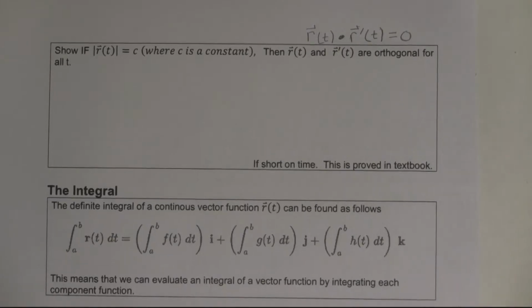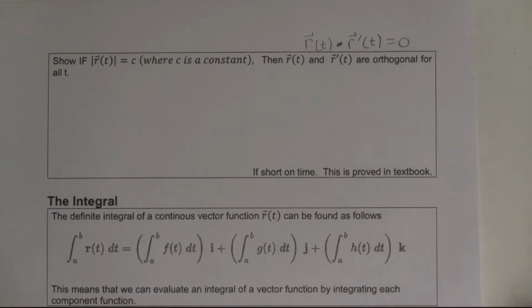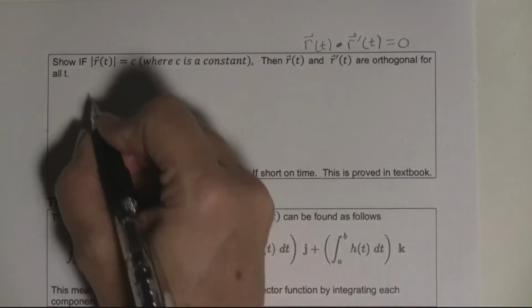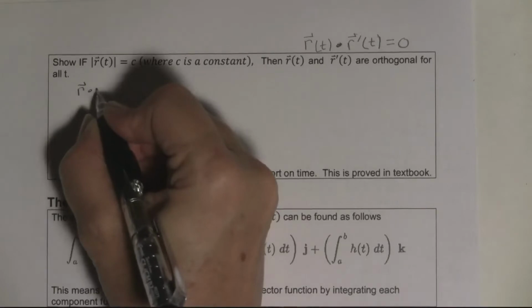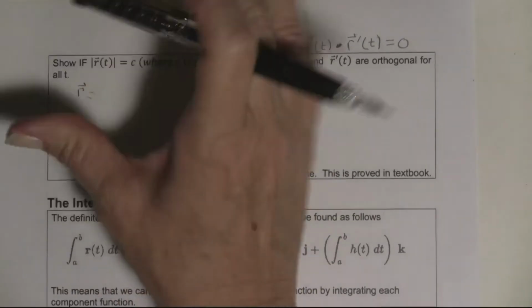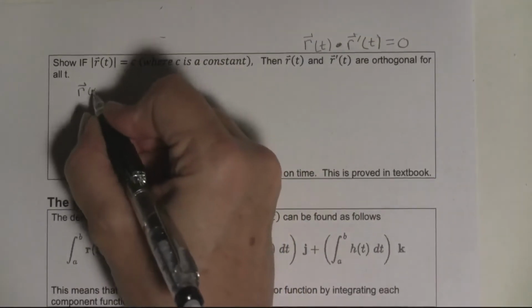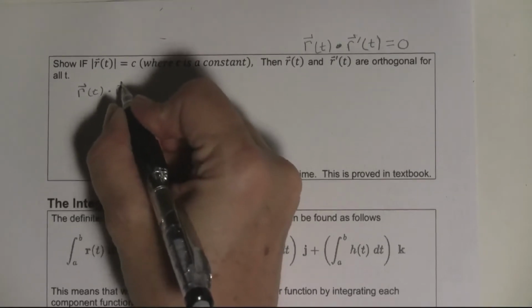Okay, so here's the trick: you start off with r at t dot r at t.